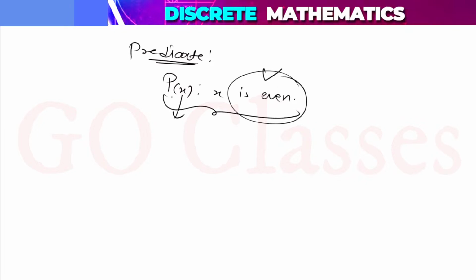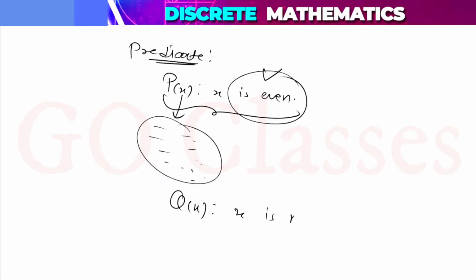Now this x is a variable. So what are the values that this x can take? Right now I am saying that x is even, so of course it is natural that you will say we are talking about integers or real numbers. Let's assume you have another predicate Q(x): x is male.